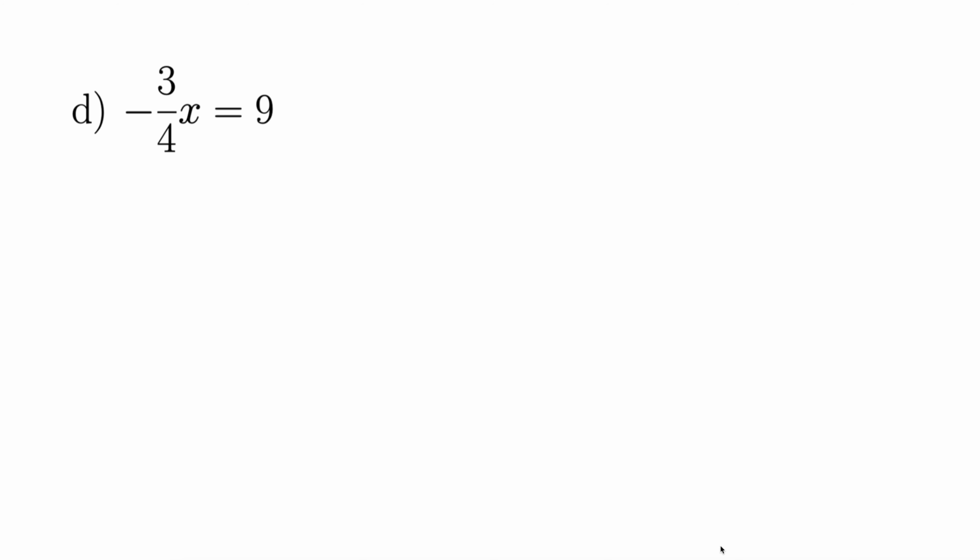We have negative 3/4 x equals 9. We're solving for x here, so let's do this first in 2 steps, and then I'll show you the 1-step method. For 2 steps, you take the denominator and multiply up first.